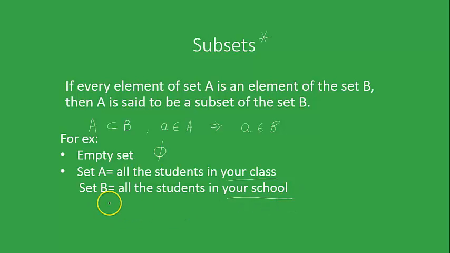Then set A is a subset of set B because the students who are in your class study in your school also. So a student who is part of your class is also part of your school.